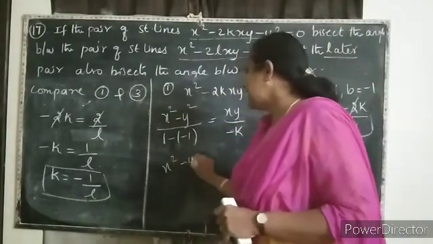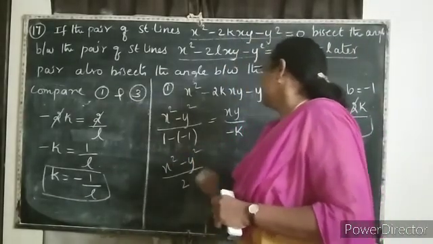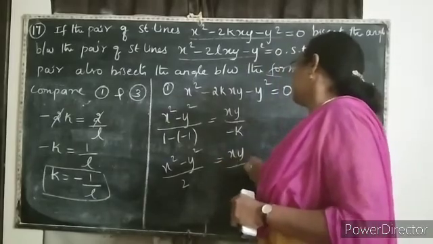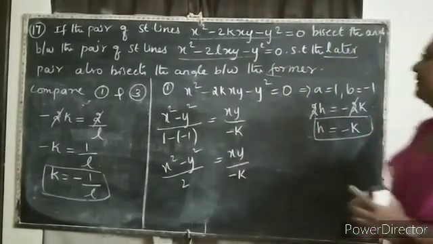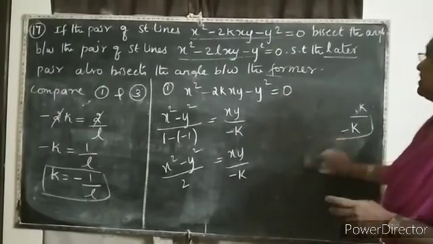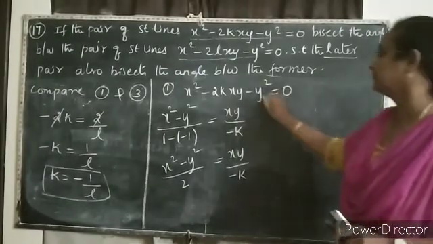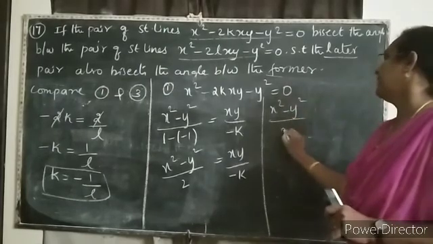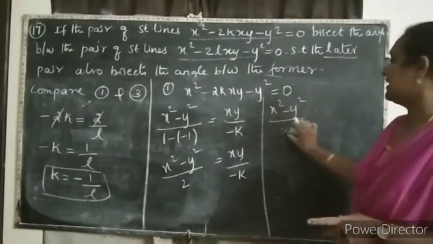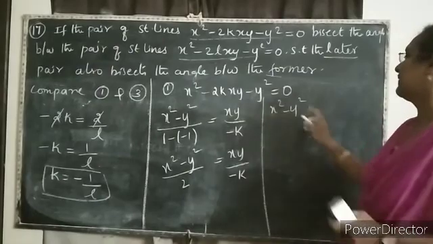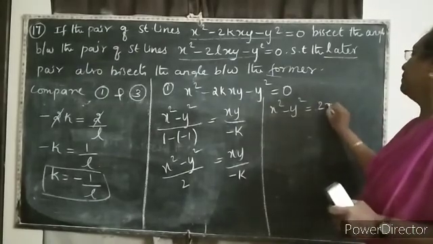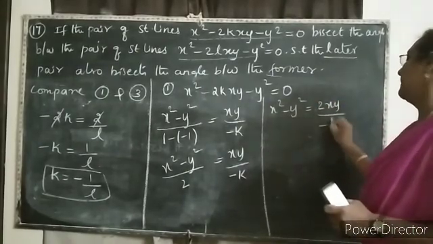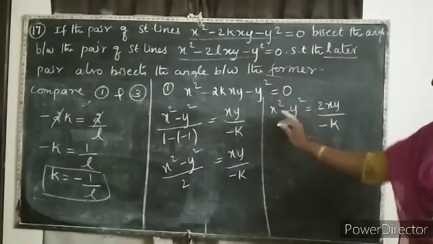Okay. So, now what do I get? x squared minus y squared divided by 2 is equal to xy divided by minus k. Now, I am going to rearrange it. We can take this 2 to that side. So, x squared minus y squared equal to 2xy divided by minus k. Again, I am bringing this to that side.